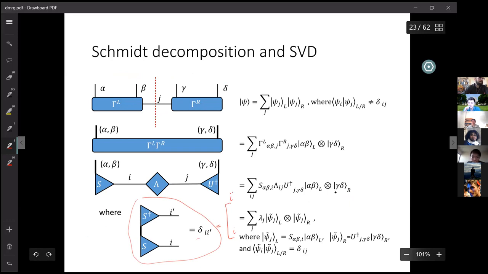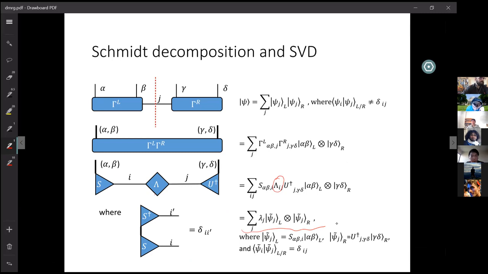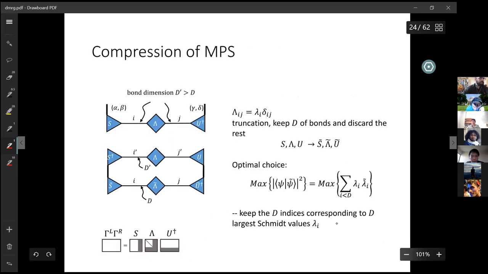This will be very helpful later. Now we use the fact that the lambda tensor is diagonal, and we can write down the wave function in this way. This is the familiar Schmidt decomposition.